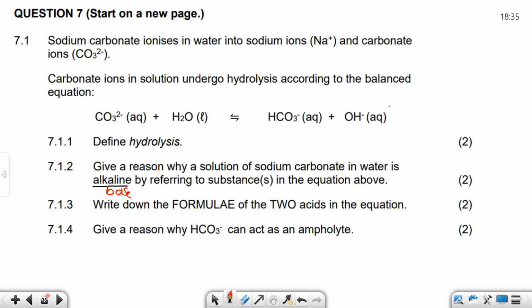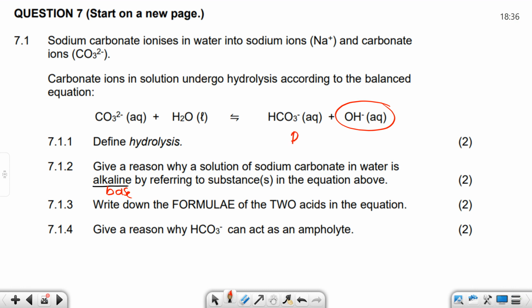It is a base because hydroxide ions are formed. What is a base? A base is a substance, according to Arrhenius, that forms hydroxide ions when dissolved in water. Please go and check.